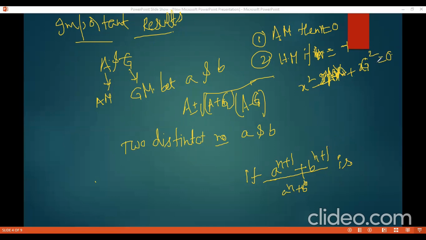Like this, we can easily calculate by using these results. Like this, we will observe some more results in this.